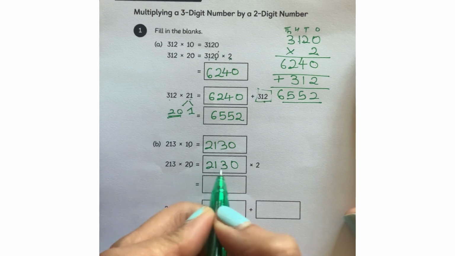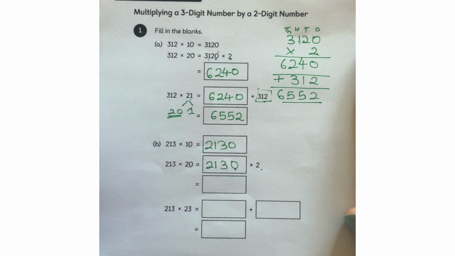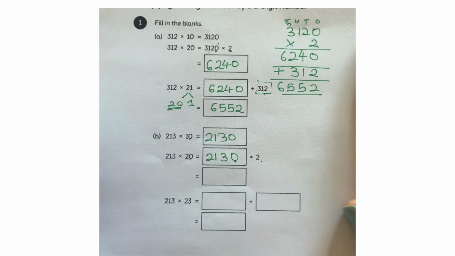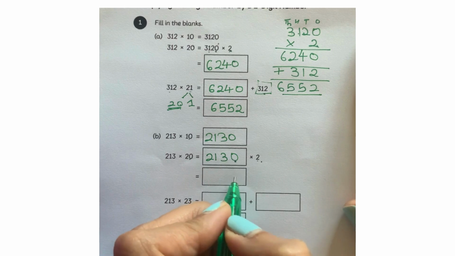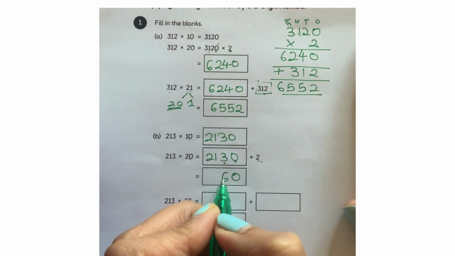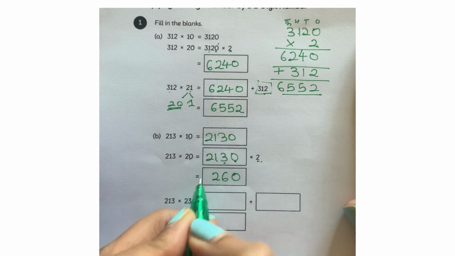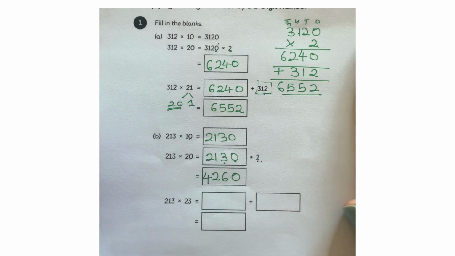Why? Because this 0 is already placed here and I just have to multiply it by 2. Let's do mental math. 2 times 0 is 0. 2 times 3 is 6. 2 times 1 is 2. 2 times 2 is 4. So I found 213 times 20 is this.